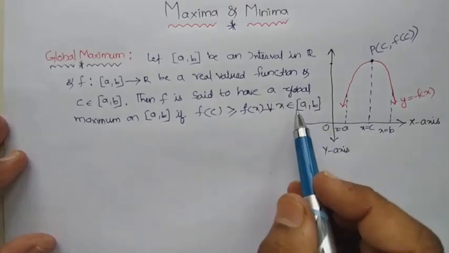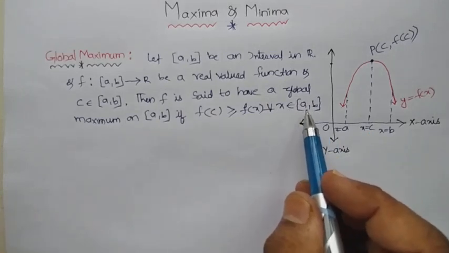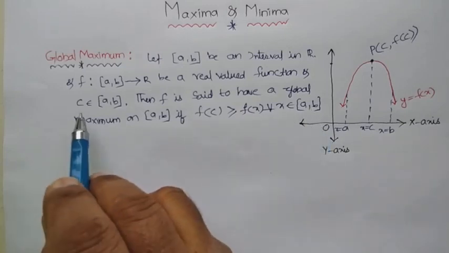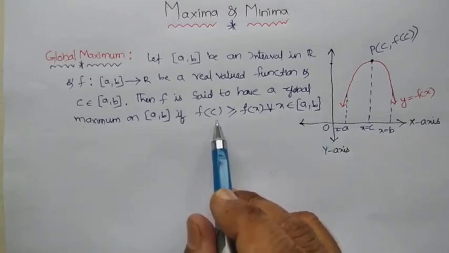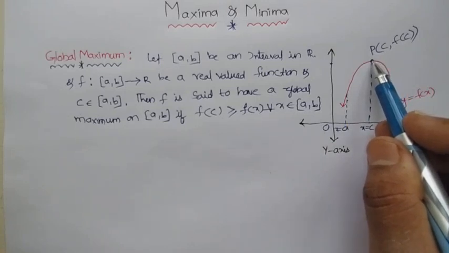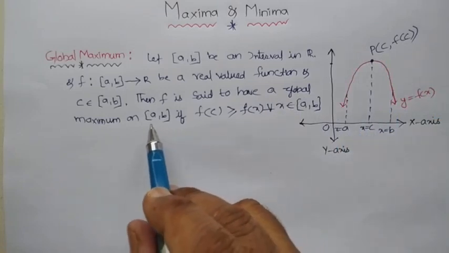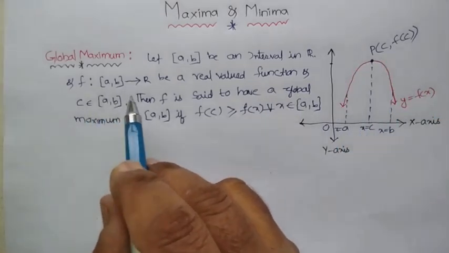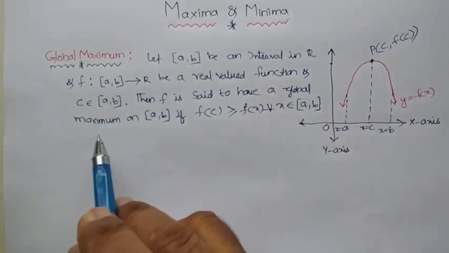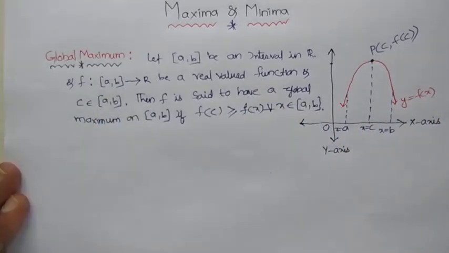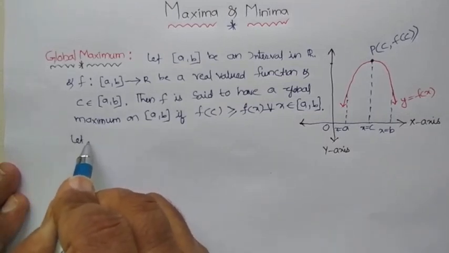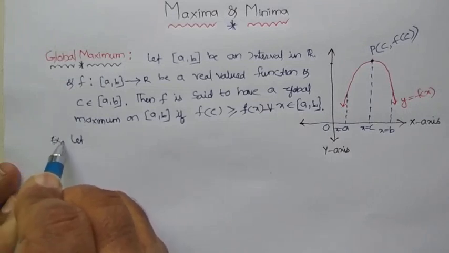That means for all x values from a comma b, c attains the maximum function value. Regarding this, this function will have a global maximum. Let us take an example problem.